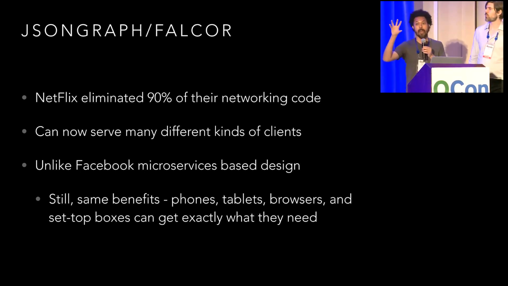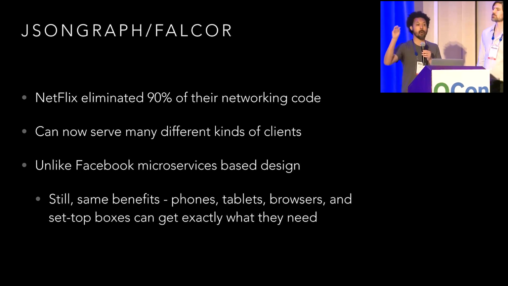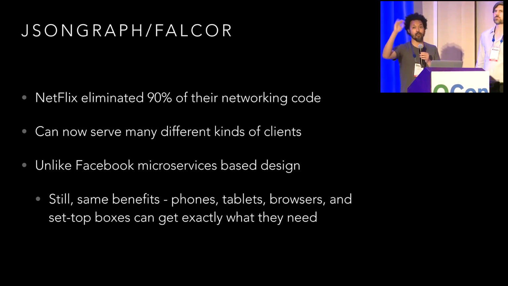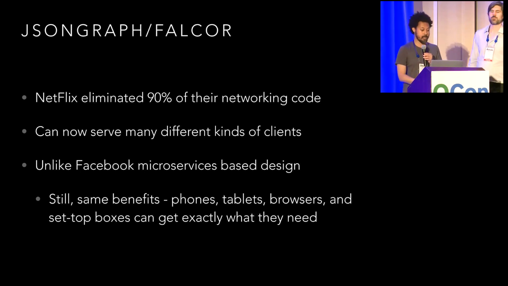JSON Graph allows them to write queries as recursive JSON data. And Falcor is the router. It's the thing that actually routes all the keys to all the microservices that they have. So that's fundamentally different from Facebook, right? The same idea works regardless of whether you have a microservices-based system or a monolithic-based system. It doesn't matter. And Netflix has this huge problem, which I just described, right? They're serving everything from set-top boxes to your iPhones.